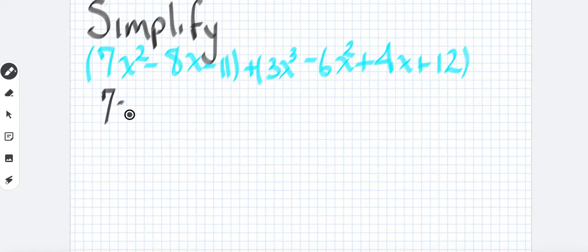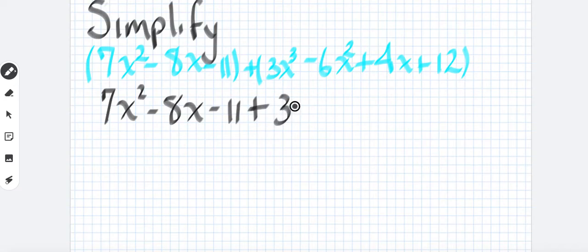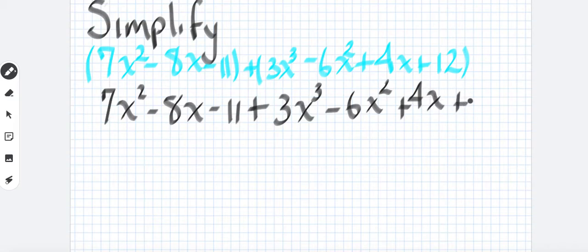So 7x squared minus 8x minus 11 plus, remember that because it's an addition, this is not going to affect any of the terms. So 3x to the third power minus 6x squared plus 4x plus 12, right?